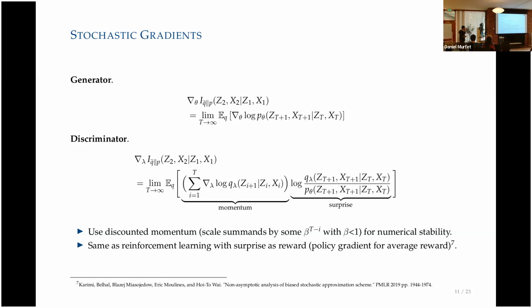Typically, if you try to do this in experiments, you will get very bad numerical behavior. That's what I found out the hard way. So what you then try to do is put a little bit of a discount in front, a beta term, and then this momentum term becomes more stable because you're reducing the weight of the past updates the further back in time they are.